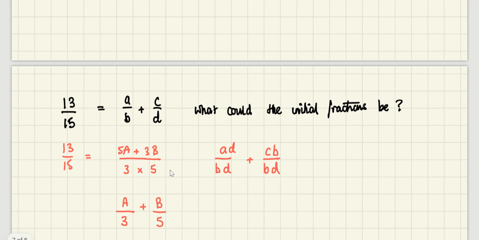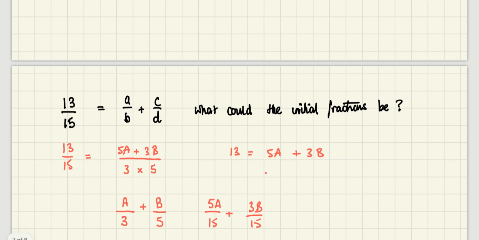Okay. That's what you would do. So we would do 5a would then be over 15 plus 3b would be over 15. Right. Now here's the bit that we then would need. So get rid of this. So we can now equate the 13 to the 5a plus 3b.